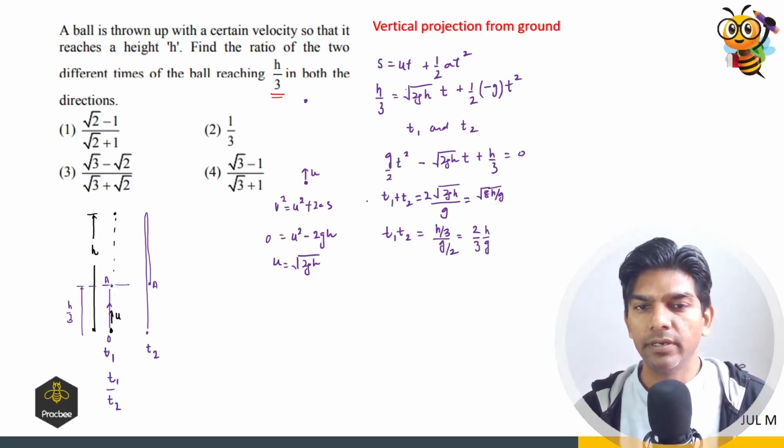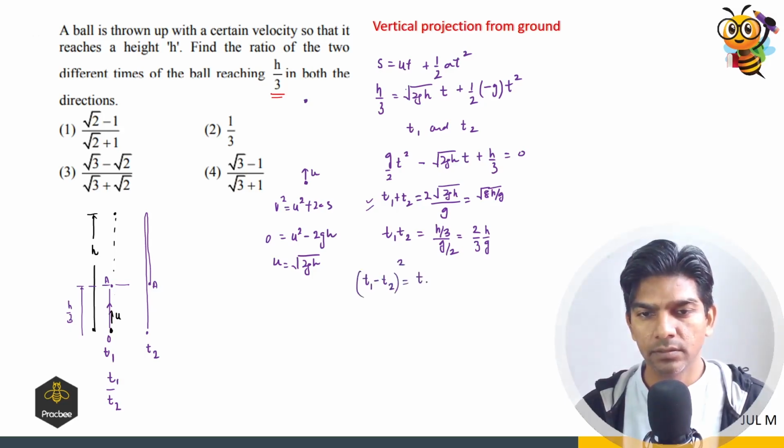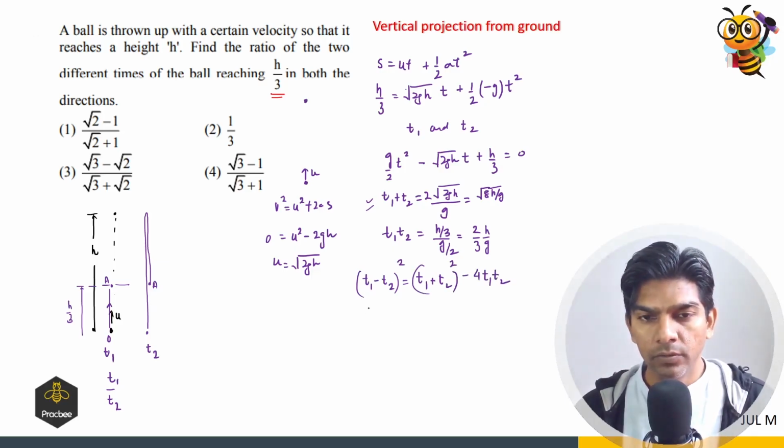Now we got t1 plus t2. Let us find t1 minus t2. t1 minus t2 whole square is t1 plus t2 whole square minus 4 times t1 t2, right? Now let us substitute the values of t1 plus t2 and t1 t2.